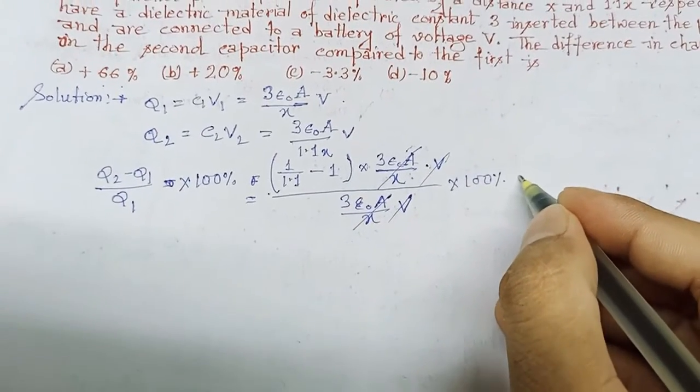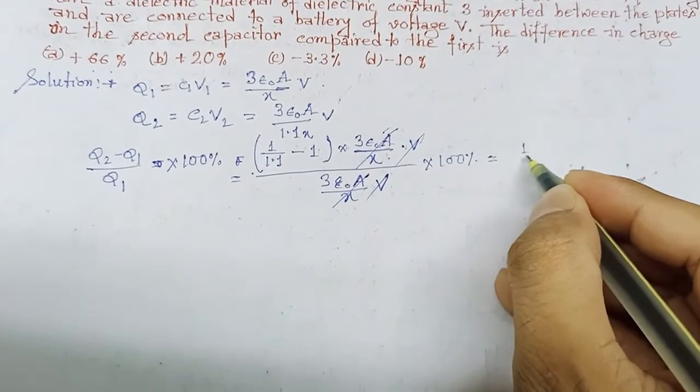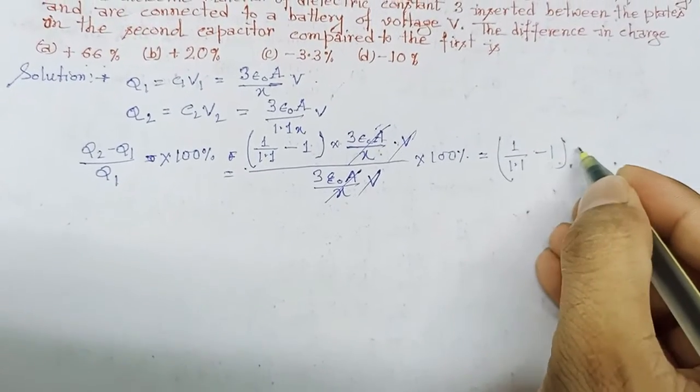So this value will be equal to 1 divided by 1.1 minus 1, into 100%.